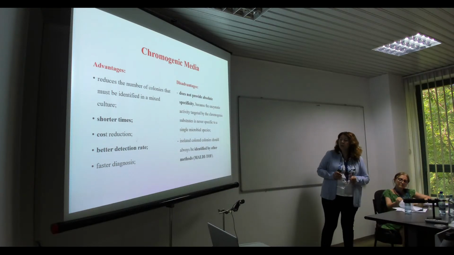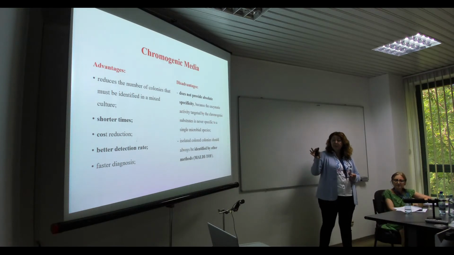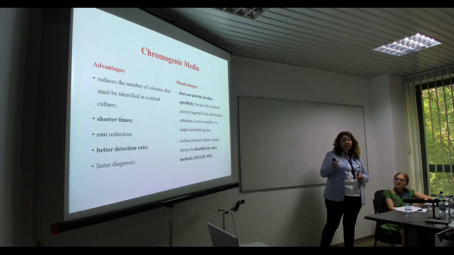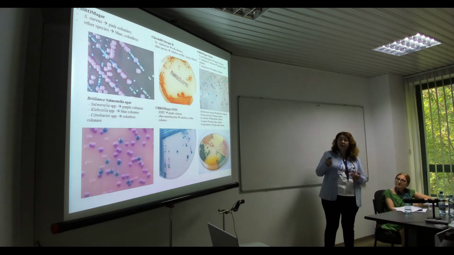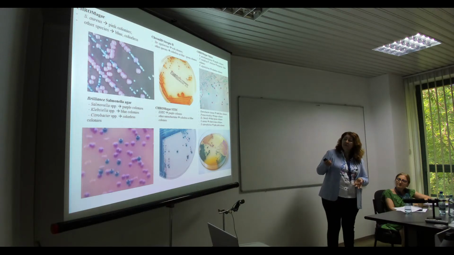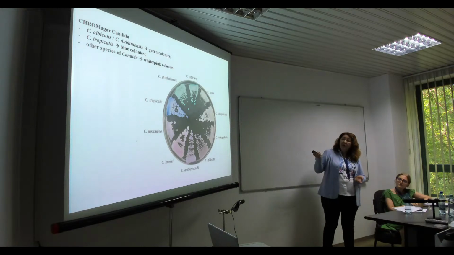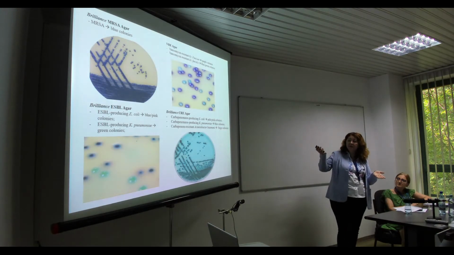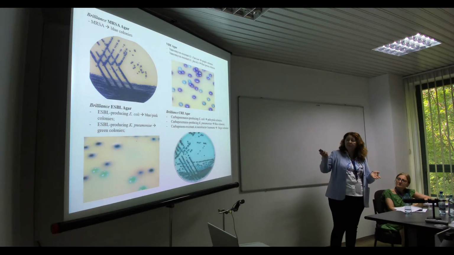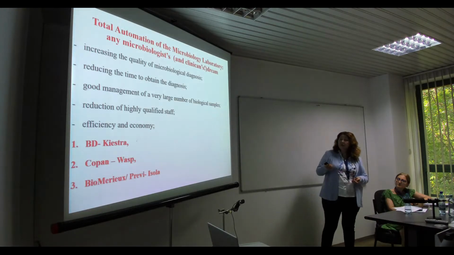It's useful. The main problem is that it must be identified by other methods after you have the chromogenic media. And these are examples of chromogenic media for different types of germs. As you can see, for salmonella, streptococcus, vibrio, helicobacter, candida, and MRSA, different types of microbes.